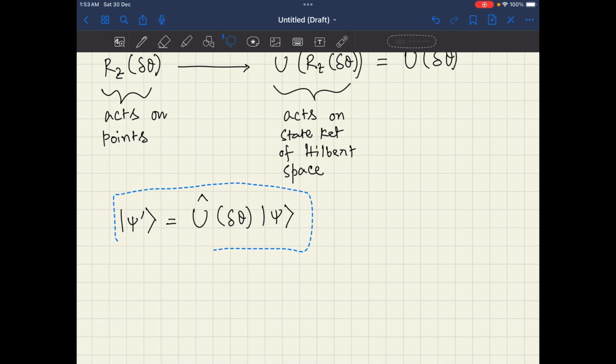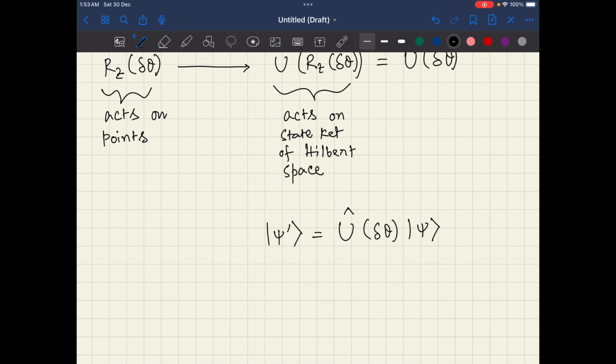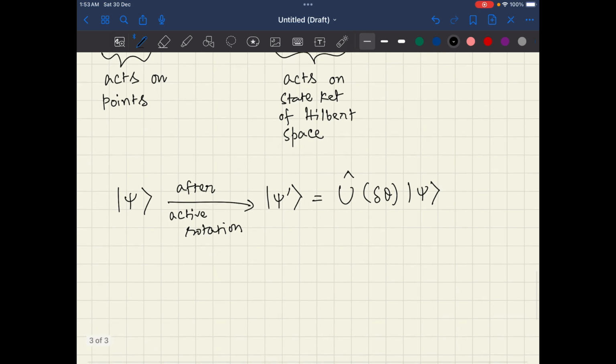This is the final result of a rotation of a state ket. After active rotation, psi becomes psi prime.